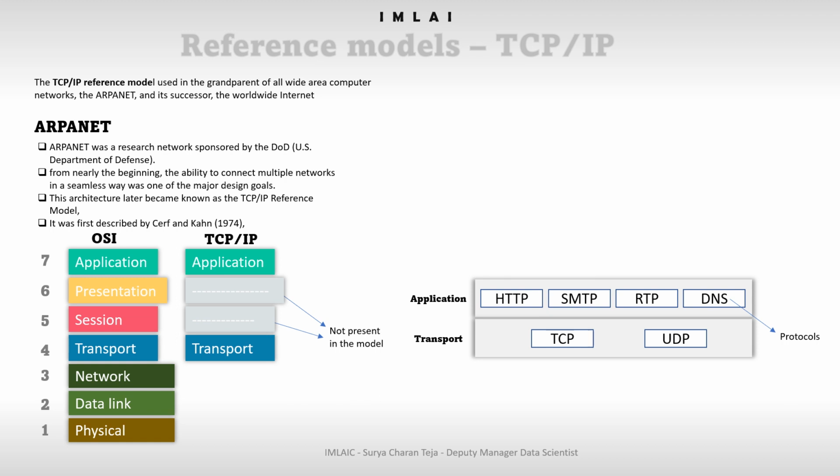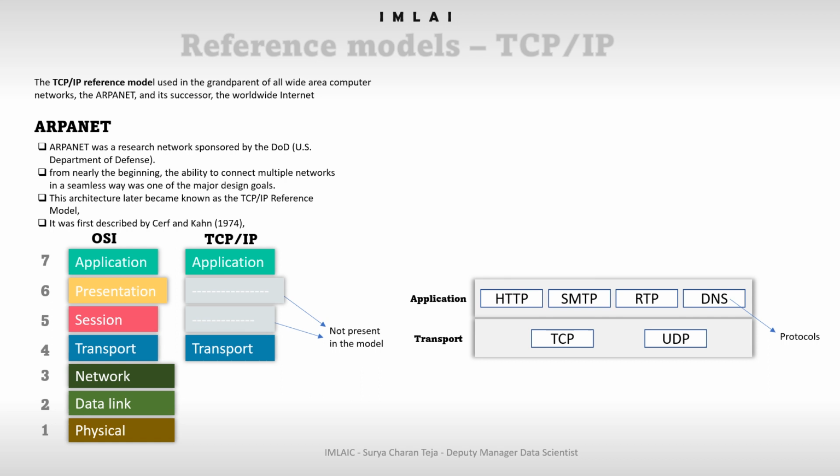That means it will provide an acknowledgement that the receiver has received the data packet that we have sent. It allows a byte stream originating on one machine to be delivered without error on any other machine in the internet.